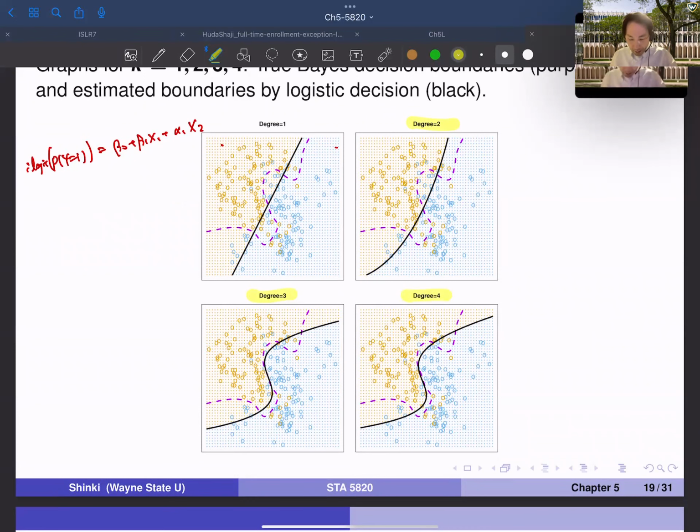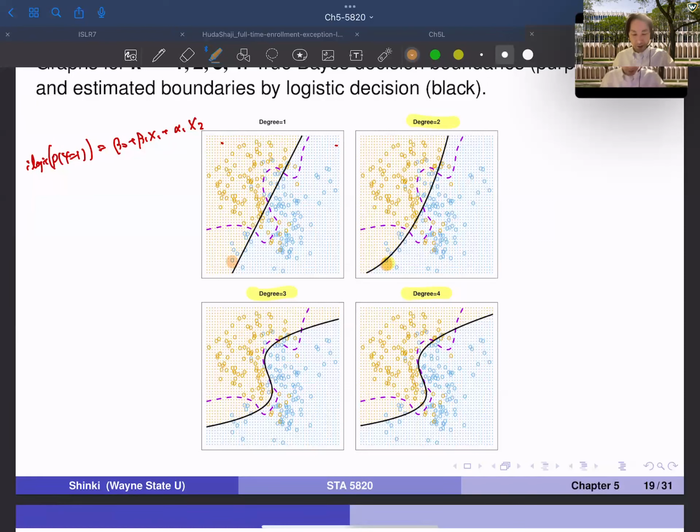And it sounds like maybe degree 2 is slightly better than degree 1. At least for this observation, it is correctly classified in degree 2, but in degree 1 it's misclassified, for example.